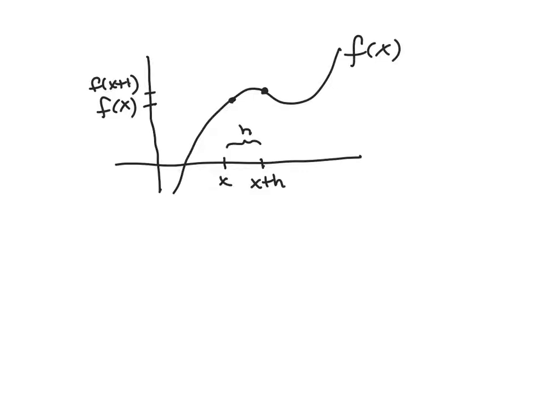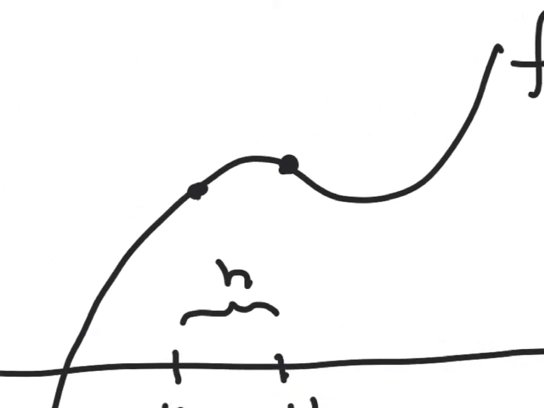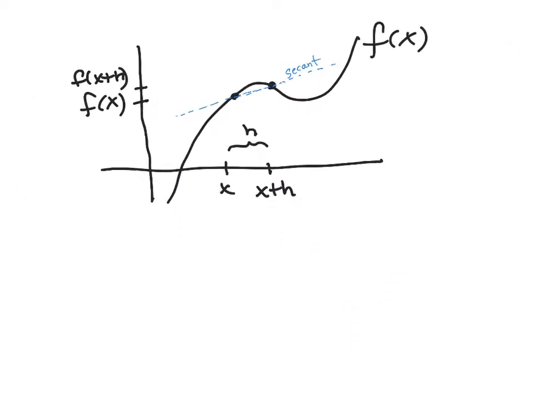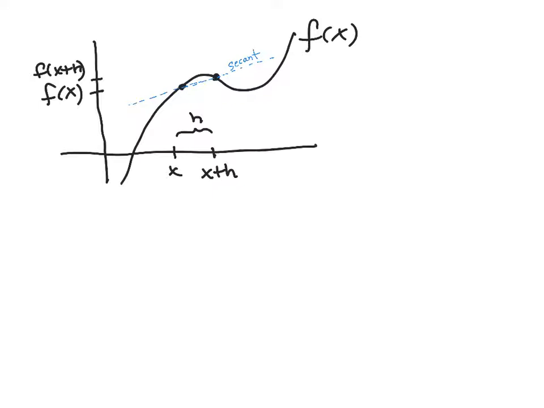Now that's an h, okay. I'm going to zoom in here so we can see what we're doing. If we connect these dots with a line, a line that passes through 2 points on a curve is called a secant. Now the slope of that secant gives me the average rate of change over that interval.